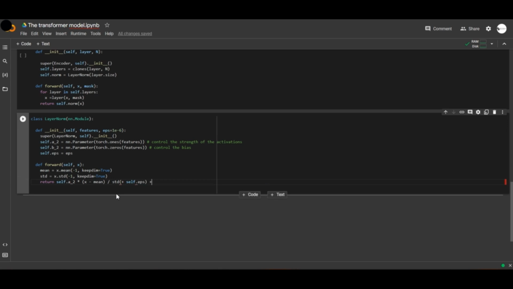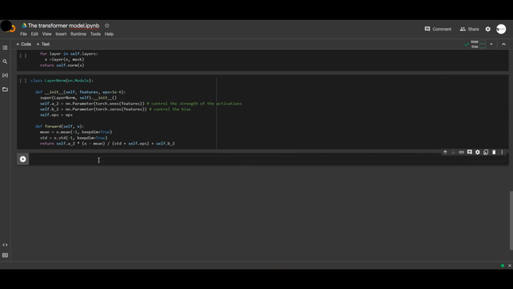Then we add the learnable parameter which controls the bias, so it's gonna be b2. Did I make any mistake? Yes, I did, which is here. I think now it's fine because it's not supposed to be self. We define it here, so x is coming from there.